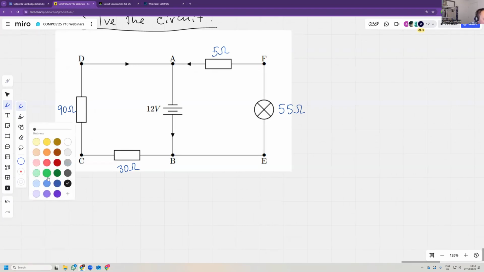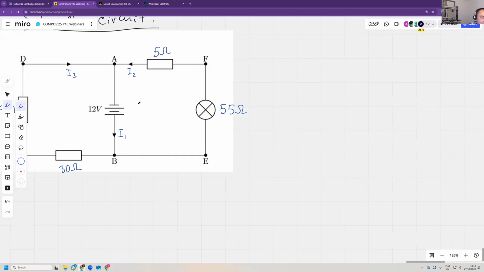Let's label the currents. Let's label this as current I1. This is current I2, and this is current I3. And Kirchhoff's first law says that the currents at a junction sum to 0.